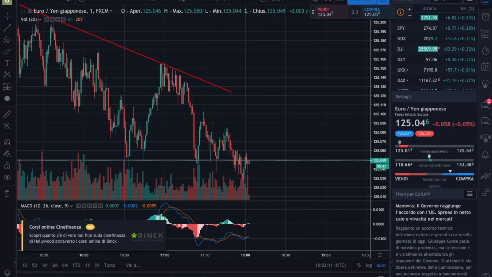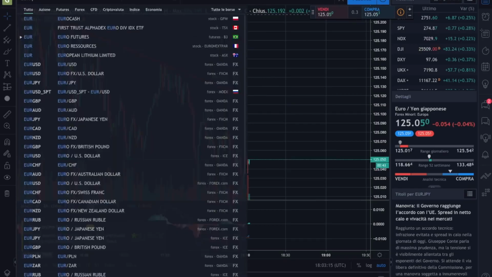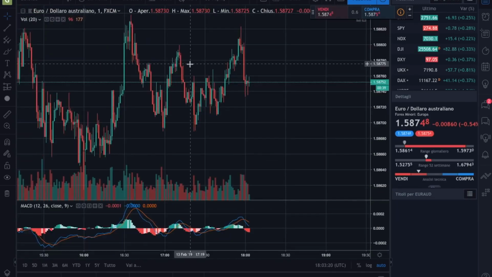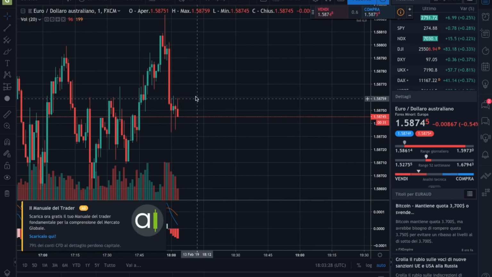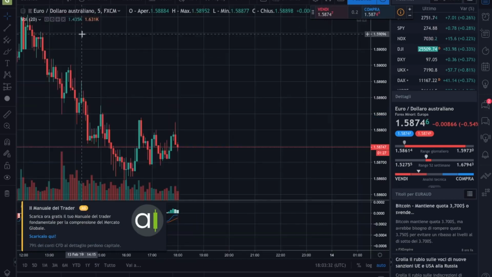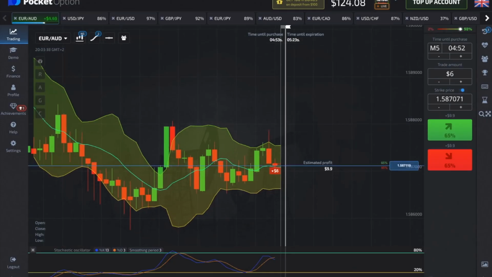One last thing I want to tell you is about the actual candles. If you're used to trading on a 1 minute candle, usually on a 1 minute candle you see the price going straight in the forecasting direction you choose.